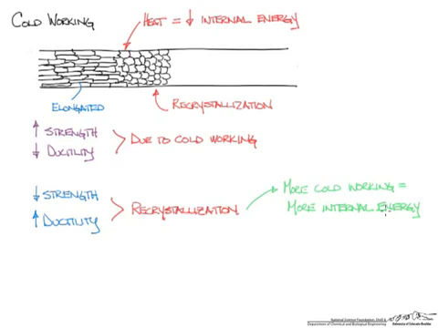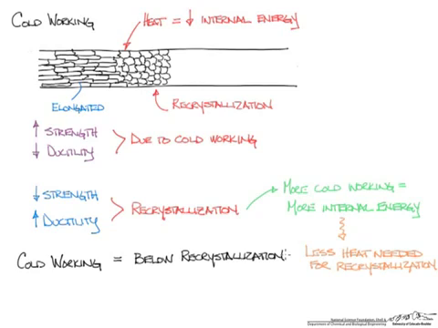As a result, with more internal energy, it takes less heat to start recrystallization. Recrystallization is actually how we define hot working versus cold working. So cold working is defined as processes that are below recrystallization temperatures. And hot working is considered any processes that are occurring above recrystallization temperatures.